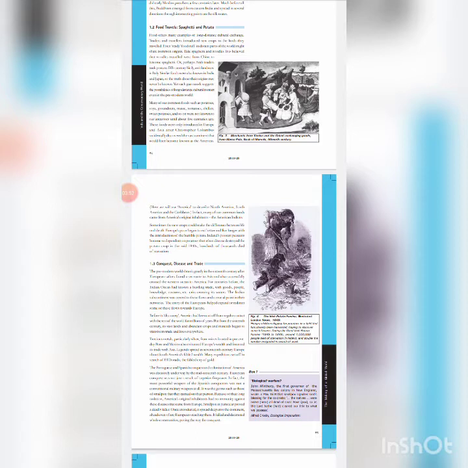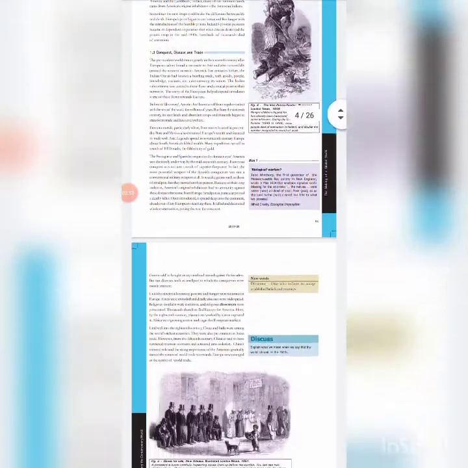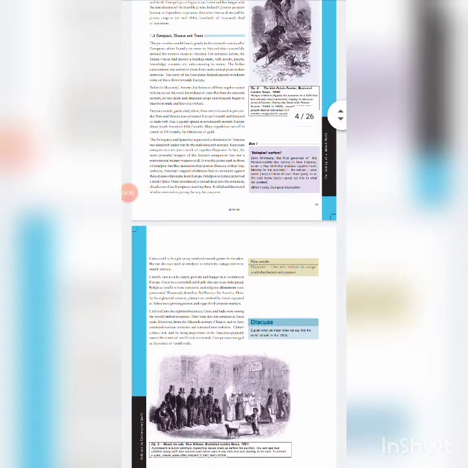Now, the conquest, disease, and trade. The Indian Ocean from centuries before had known a bustling trade with goods, people, knowledge, customs, etc., crisscrossing its waters. The entry of Europeans helped in redirecting these flows towards Europe.